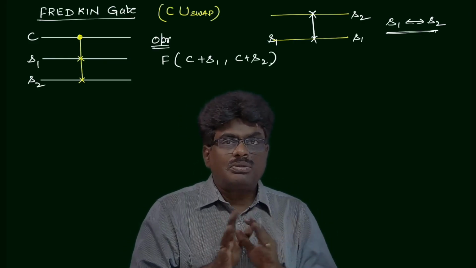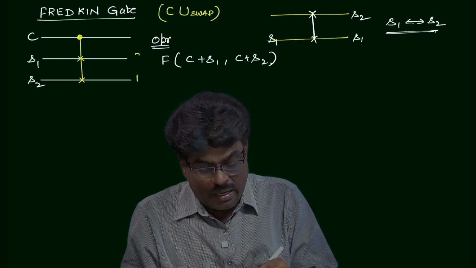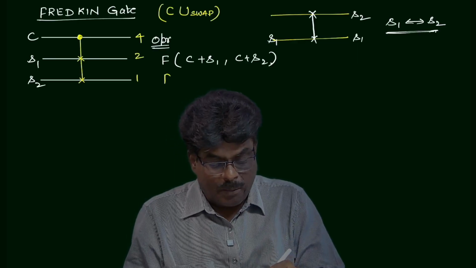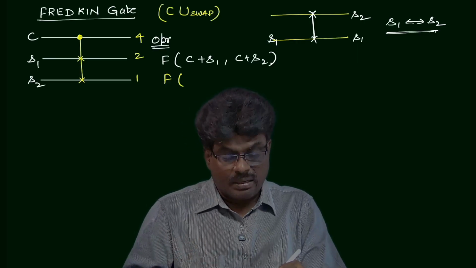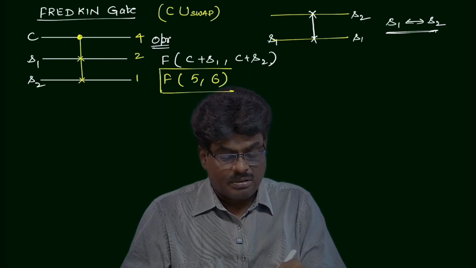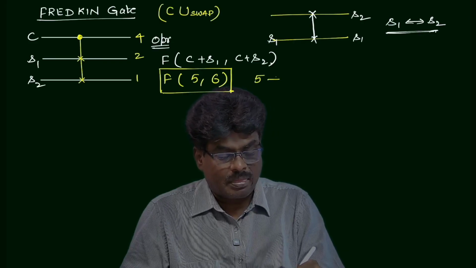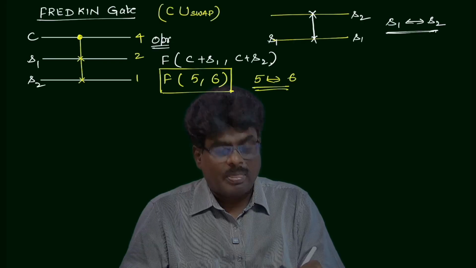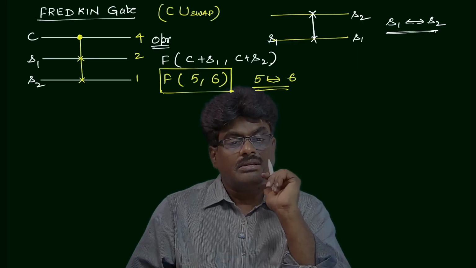Only these two states will swap. So for example, in this case, it is 1, 2, 4, then the operation Fredkin gate. So this is 4 plus 1, 5, 4 plus 2, 6. So only the swapping is between 5 and 6. Other states are as usual. Okay, so I hope you understand.